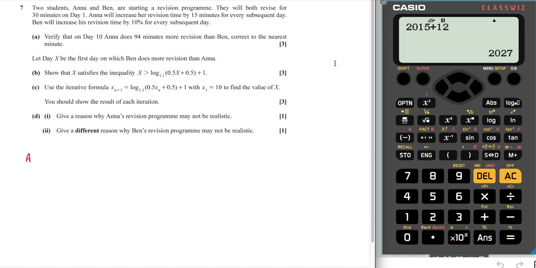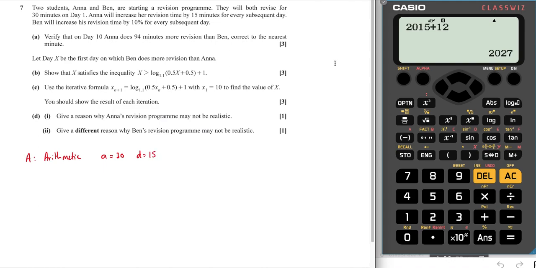that A, she was 15 minutes extra every day. She's your arithmetic. And in your arithmetic, you need a first term, which is A, and we know that is 30. And you need a constant difference, D, which we said was 15.